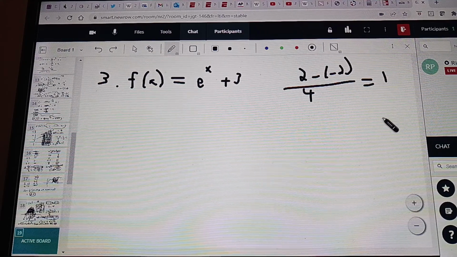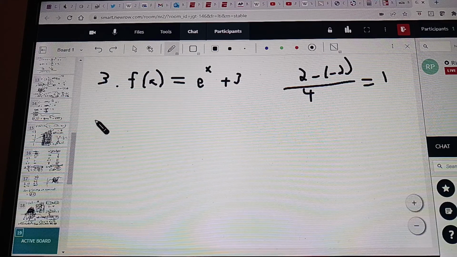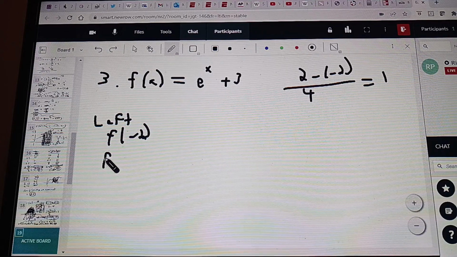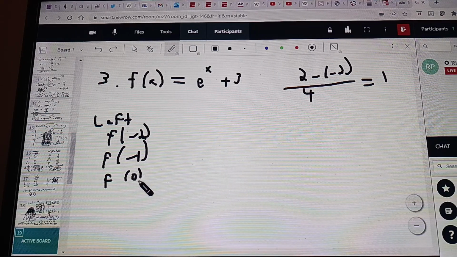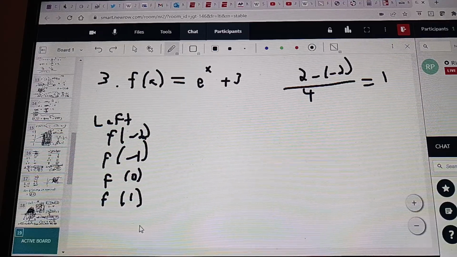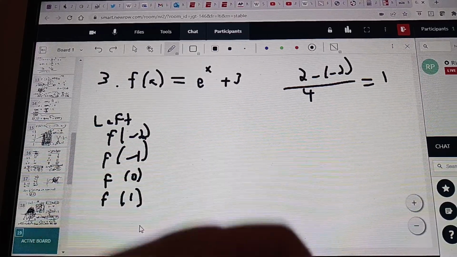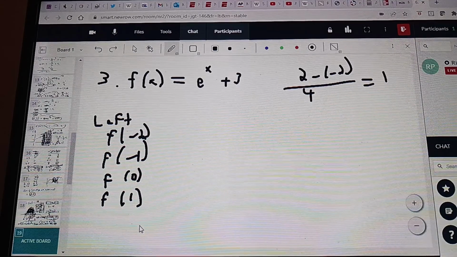Each width is 1. So left endpoints are going to work the same way they did on problem number 2. I need to figure out f of -2, f of -1, f of 0, and f of 1 only. We don't go all the way to the 2. And each one of these will get multiplied by 1, and then you add them all up.